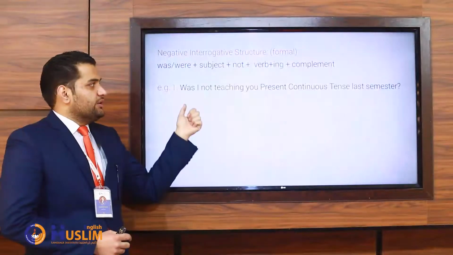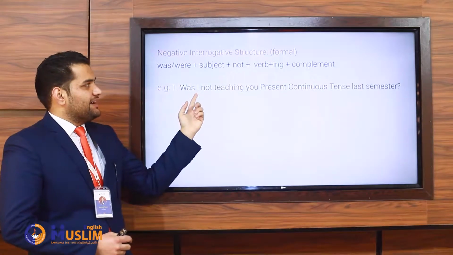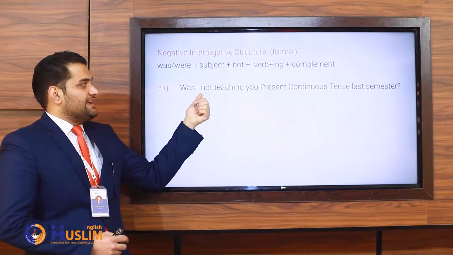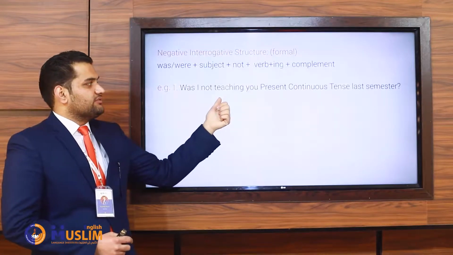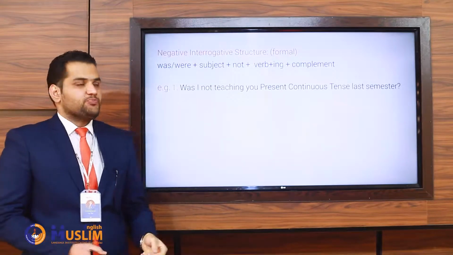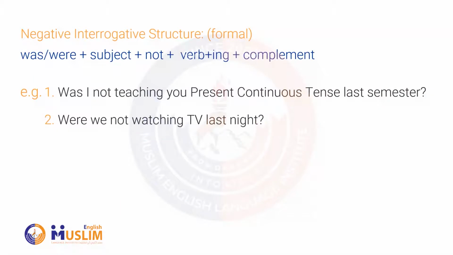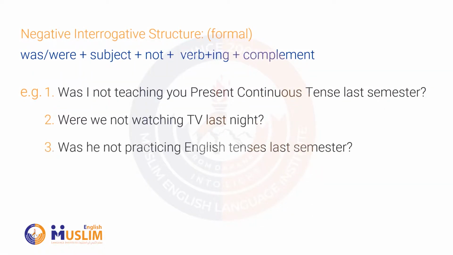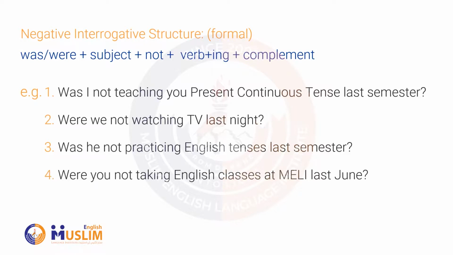So here, was is the helping verb, I is the subject, not is used to make it negative, teaching verb ing, and the rest is the complement. Were we not watching TV last night? Was he not practicing English tenses last semester? Were you not taking English classes at Melly last June?